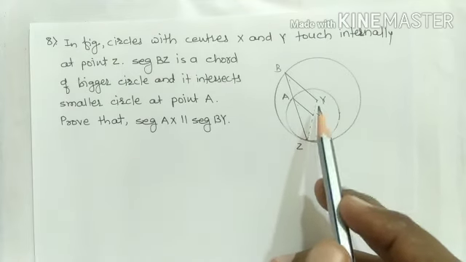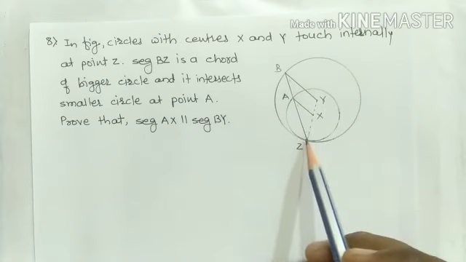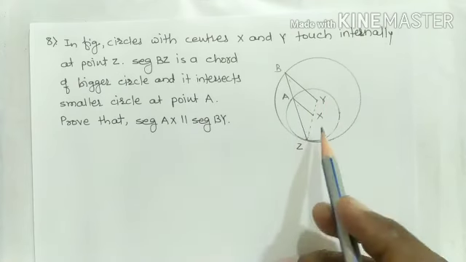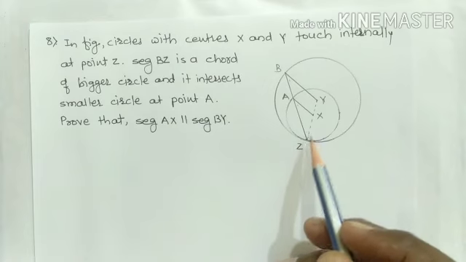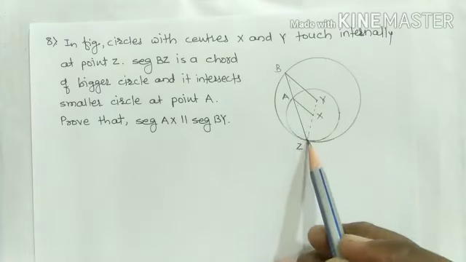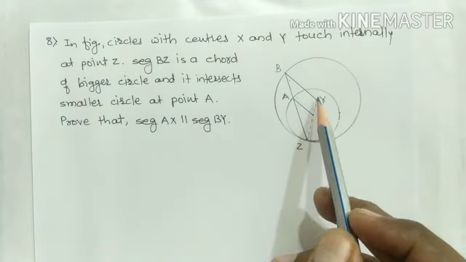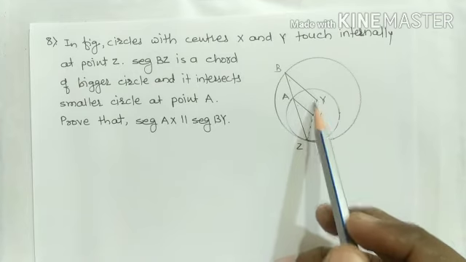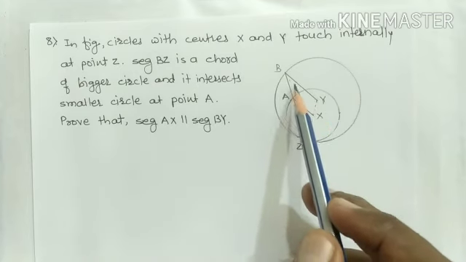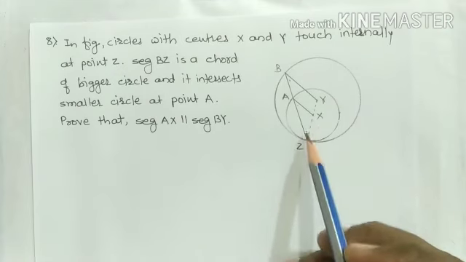Here points X and Y are the centers of internally touching circles, and by the theorem of touching circles, points Y, X and Z are collinear. And so in triangle YBZ, YB equals YZ, radius of the same circle, then angle YBZ is congruent to angle YZB by isosceles triangle theorem.